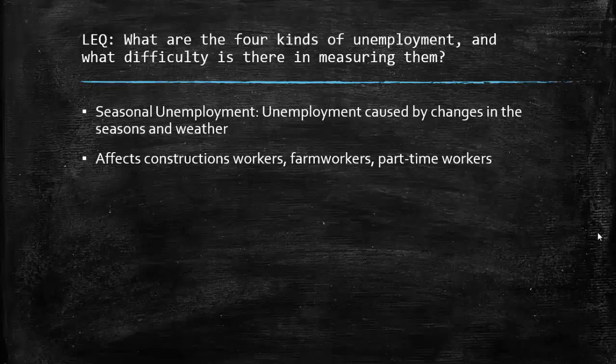So for example, if you work at Publix, the busiest 2 months of the year, the most profitable 2 months are November and December. What happens in November, December? Thanksgiving and Christmas. So if you are already working at Publix, chances are you're going to be getting more hours. In addition, Publix tends to hire a lot more people in October, expecting that influx of customers in November and December.